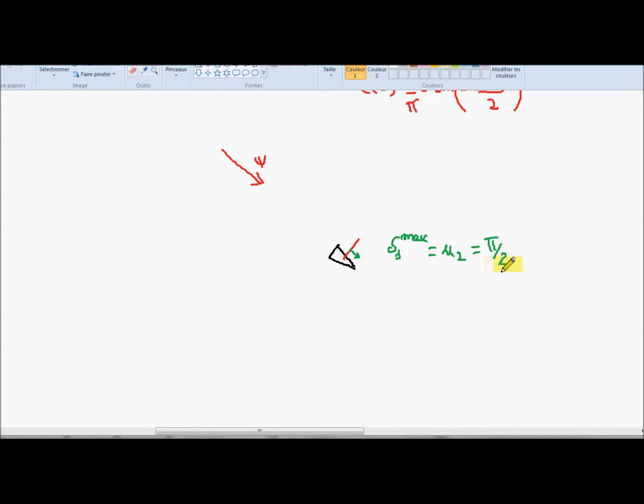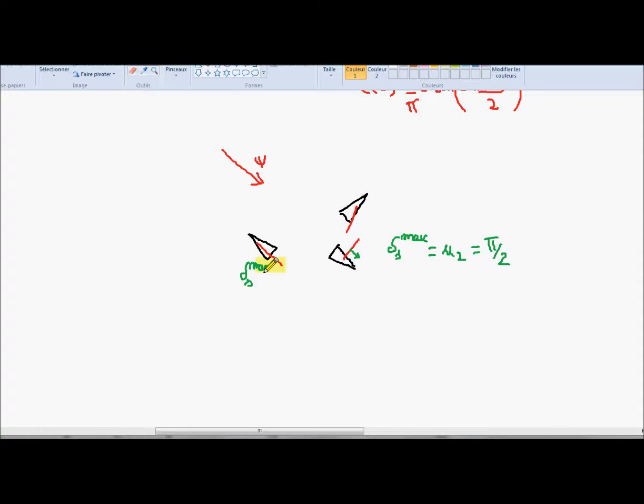Another situation is if my robot is like this, then the sail should be more closed. And if I am against the wind, like this, then the sail should be totally closed. So in this situation, delta sail max is equal to 0.